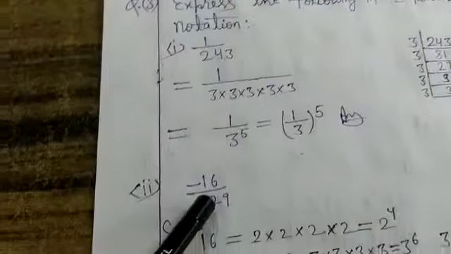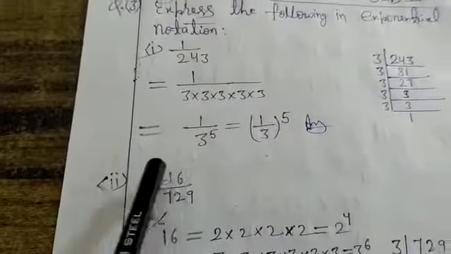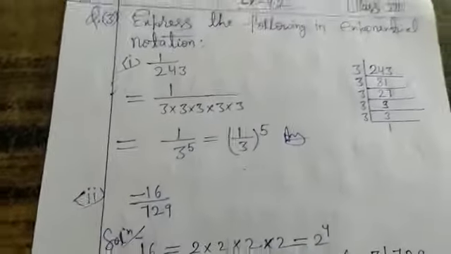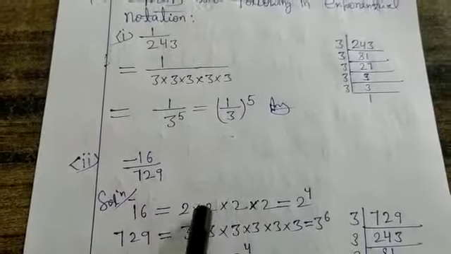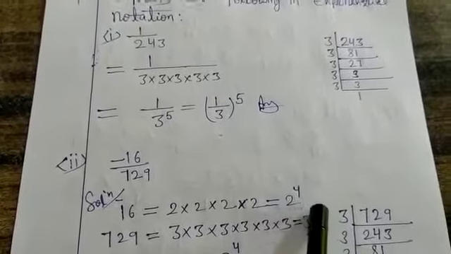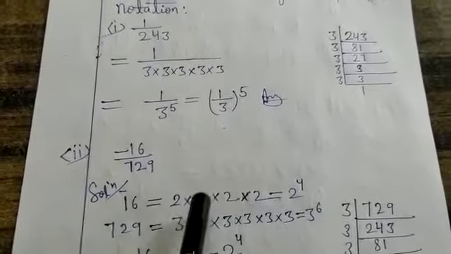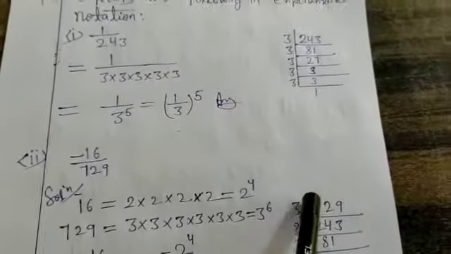Minus 16 by 729. Here we will do the factorization for 16 and 729 both. 16 can be written as 2 into 2 into 2 into 2, which is 2 to the power 4. 2 to the power 4 means 16, because 2 to the 4 is 2, 4, 8, 16. Similarly for 729 we will do prime factorization.